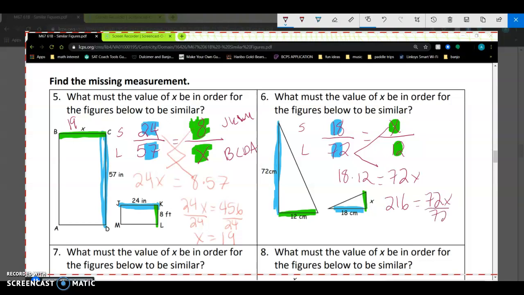We divide both sides by 72. And we get x equals 216 divided by 72, which is 3. And I'm going to label that in my diagram as well.